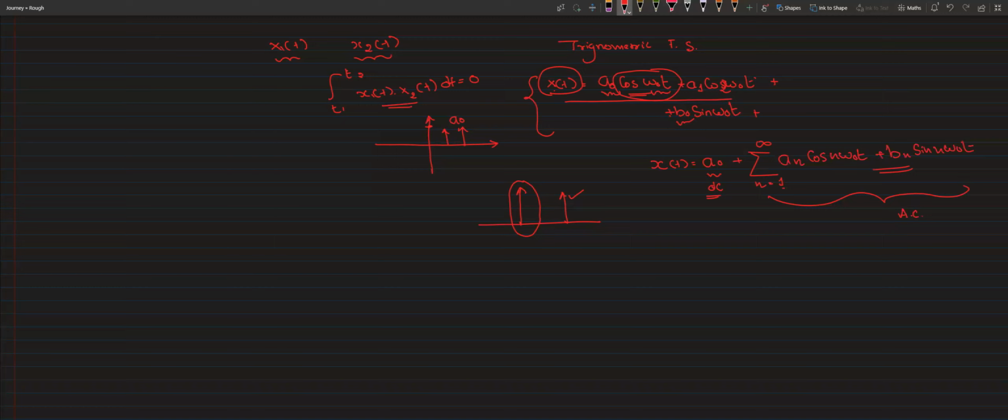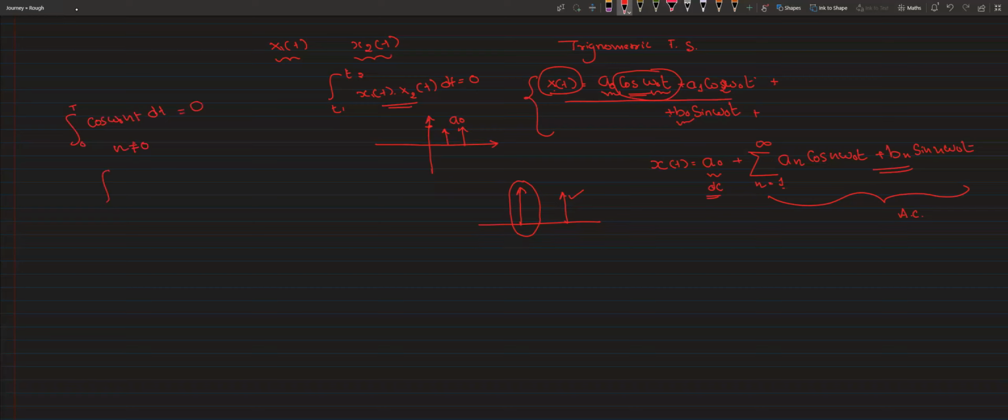Some important conditions in terms of Fourier series you should also remember, not only in signals and systems but from the math part also they will ask. The integration from 0 to T of cos n omega naught t dt, where n is not equal to 0, is equal to 0.